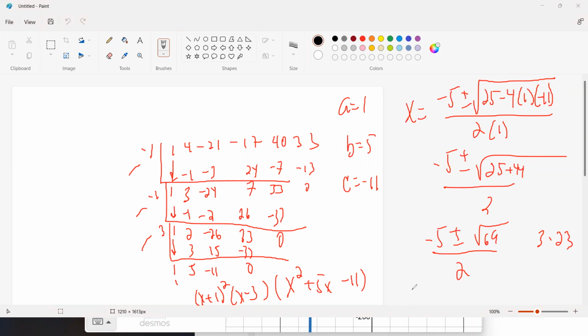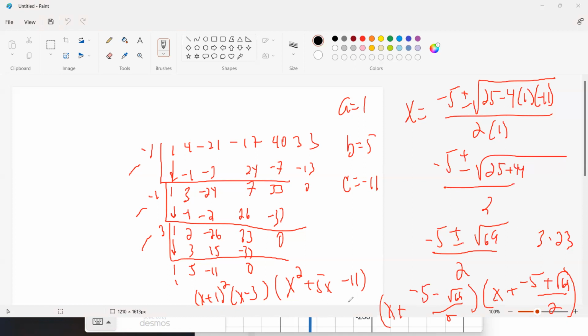So I'm going to write my factors: x plus (negative 5 minus the square root of 69) over 2, then times x plus (negative 5 plus the square root of 69) over 2.